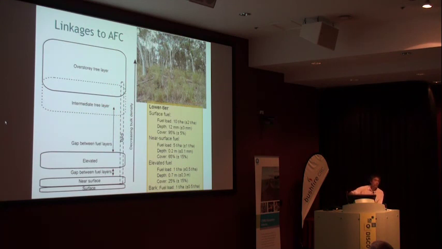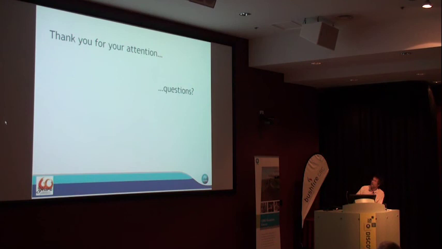The more work you do, the more you narrow the quantities describing the fuel type. You know the fuel type better, and the simulations will be better. That's what I have about this work, and I'll be happy to answer some questions.